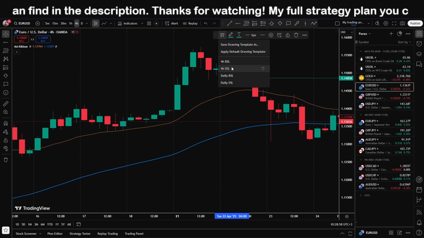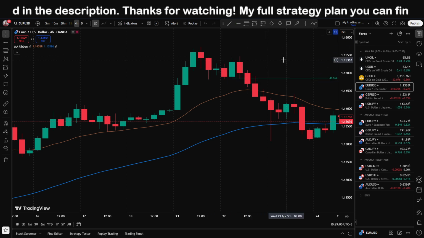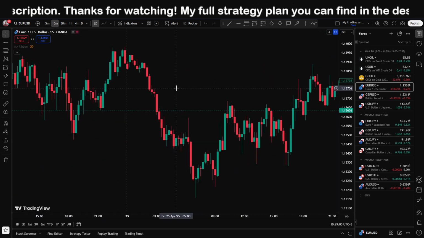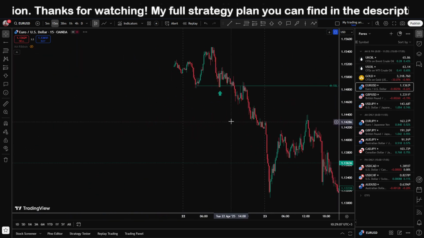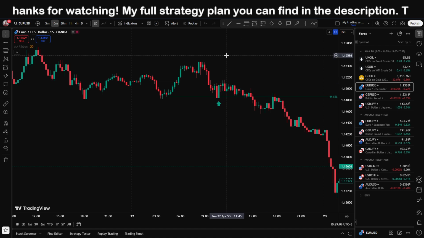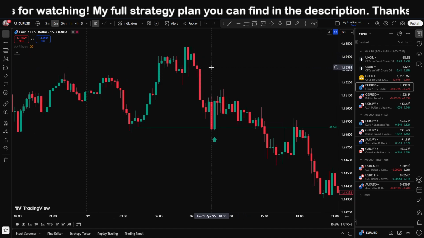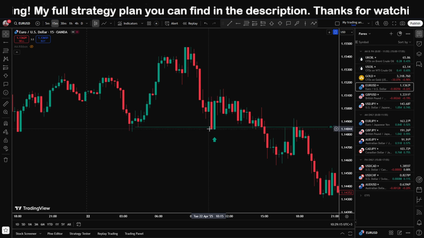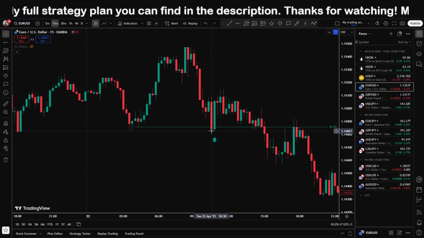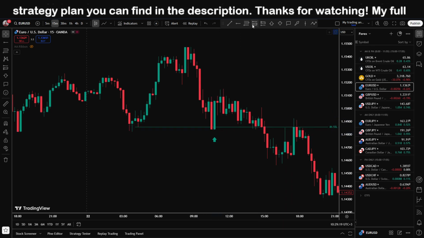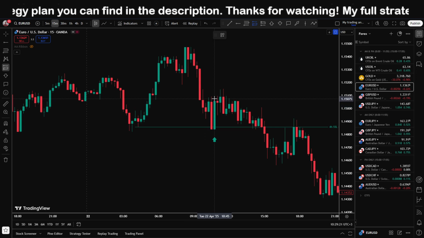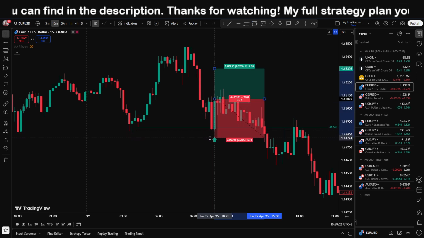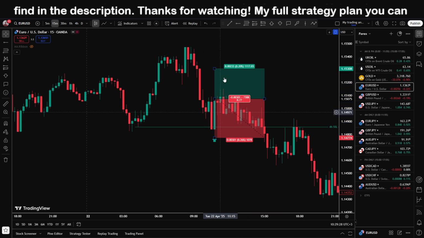Let's draw the sell side liquidity and move to the 15-minute time frame to see where the trade is. Right here, these two big bars which grab the liquidity, the bearish bar, then the bullish bar. Stop loss under the bar, around 30 pips.